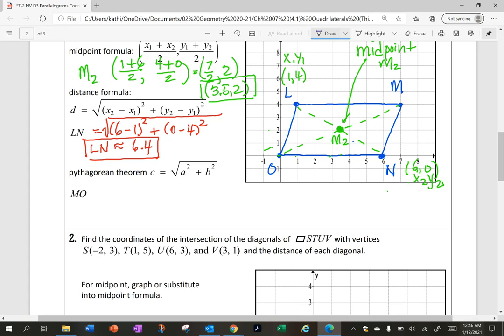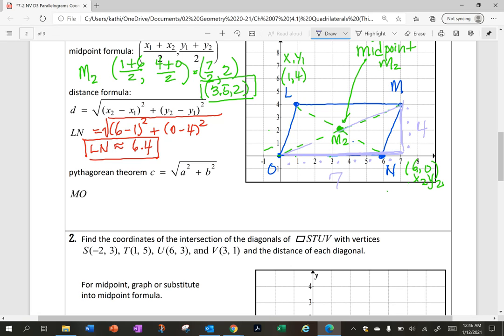Next, let's find the distance from M to O. I want to make a right triangle. From M to O, I'm going to break this down into the horizontal and vertical components. This is 1, 2, 3, 4, 5, 6, 7, and 1, 2, 3, 4.